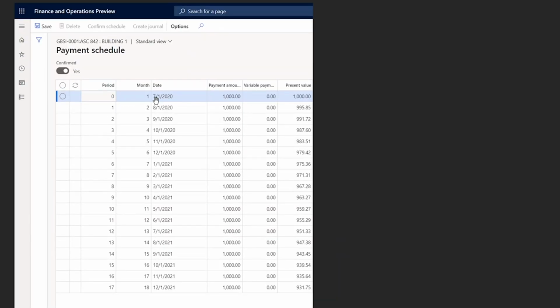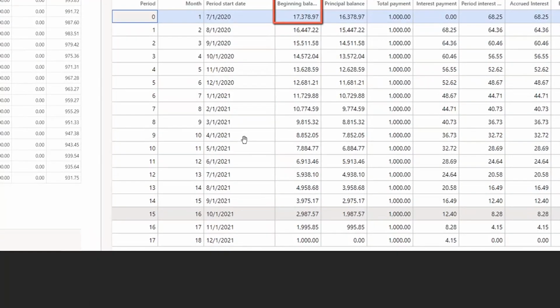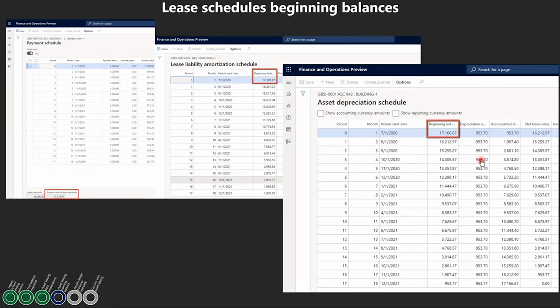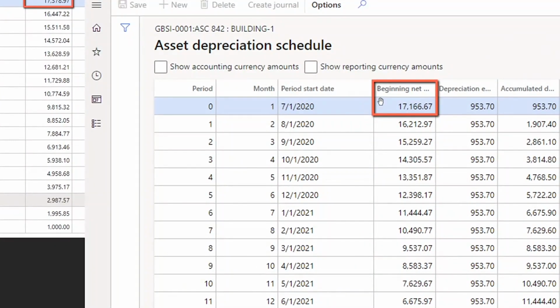Here in the payment schedule, the payment starts on July 1st, and the periods start over from period 0 or 1, depending on the annuity type. Here we have the present value calculated based on the information we have provided to the lease. Moving to the liability schedule, this is the beginning balance at July 1st, and we have the beginning balance of the asset depreciation at July 1st as well.